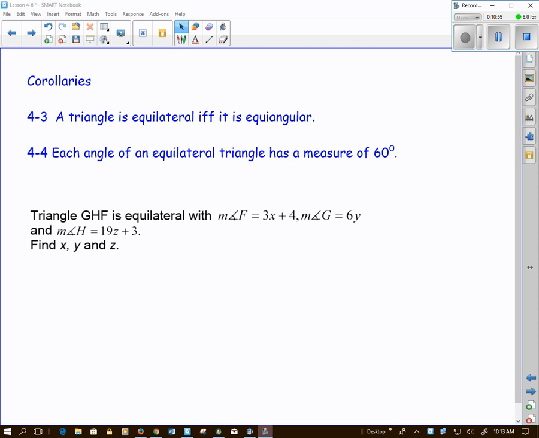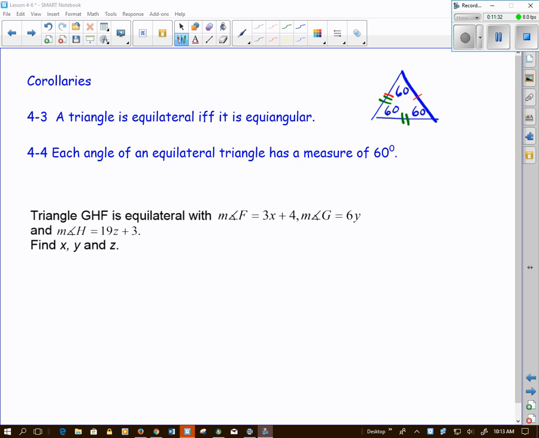And a couple of corollaries. Of course, a corollary is a result following easily from a previously proven theorem. So a triangle is equilateral if and only if it is equiangular. That's just kind of a repeated application of the isosceles triangle theorem. So if all three angles are 60 degrees, then pick any two and the sides opposite those have to be congruent. So if I pick the bottom two, but if I pick the two on the right, the sides opposite those have to be congruent also.